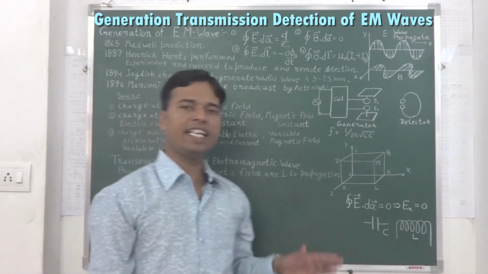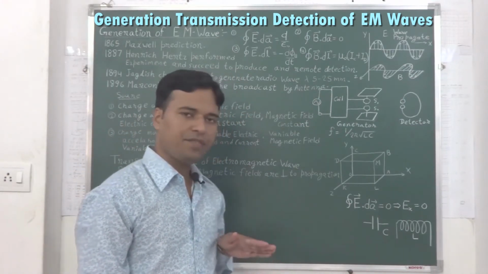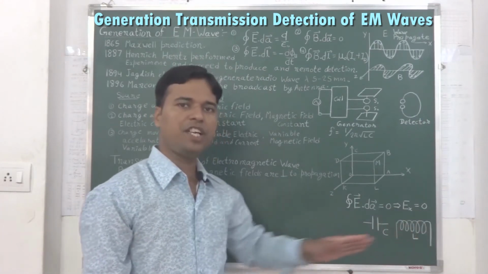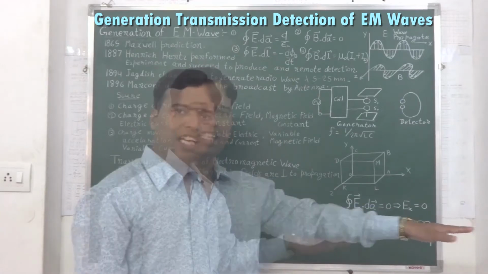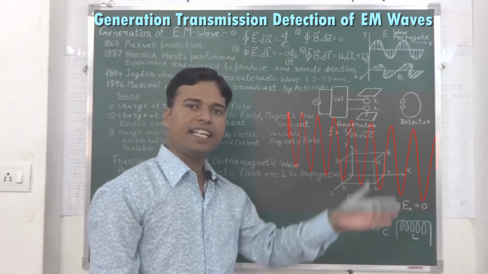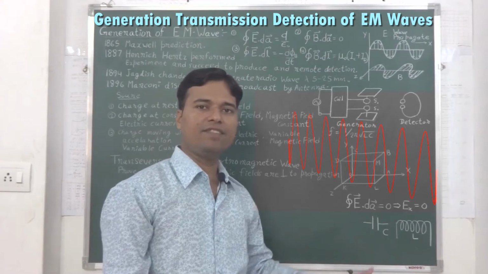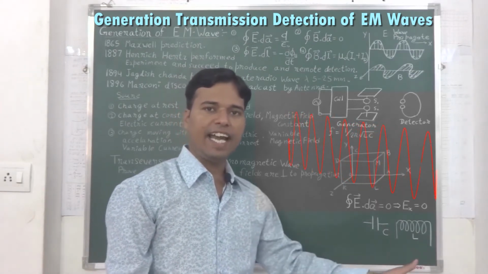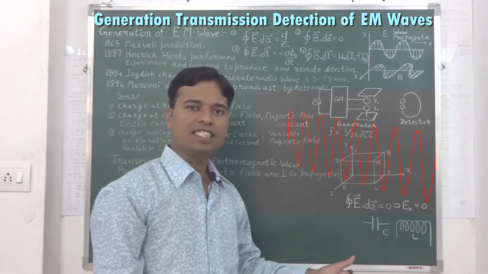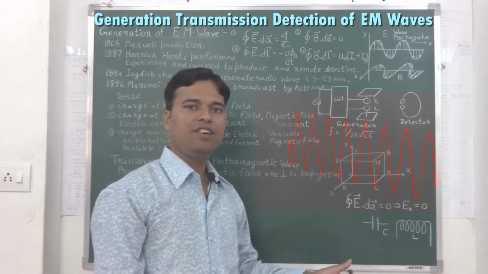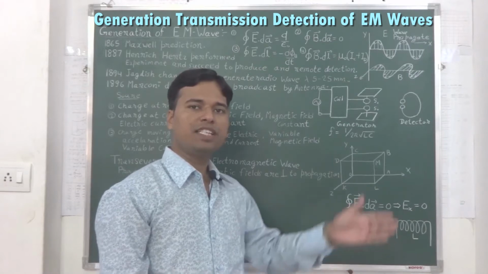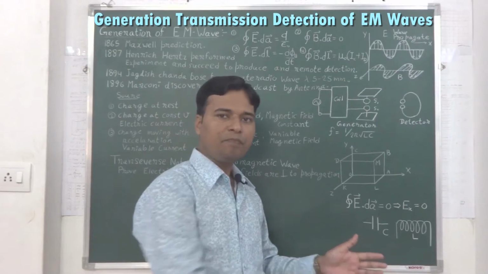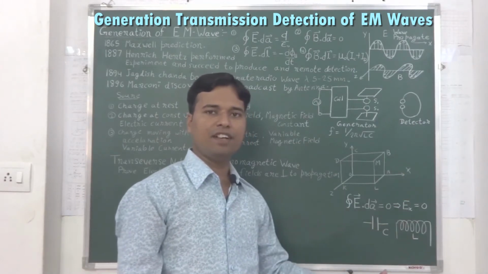Dear students, in an electromagnetic wave, if the wave is propagating in the x direction, and we consider the electric field is oscillating in the vertical plane, or you can say in the xy plane, then the magnetic field which is induced due to the time-varying electric field will be in a plane perpendicular to the plane of the electric field.